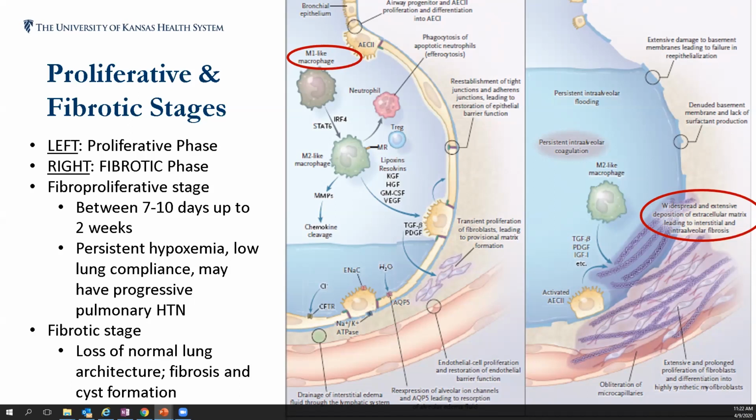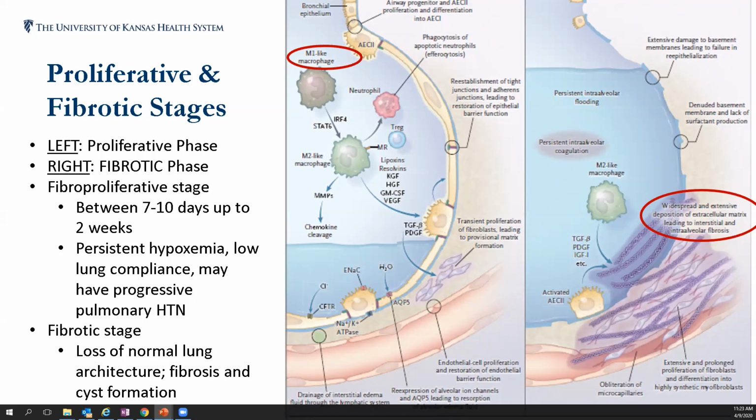The third stage is called the fibrotic stage and is strongly associated with the patient's need for ventilator support. It's characterized by a loss of normal lung architecture and formation of fibrosis and cysts. In this stage, once the epithelial integrity has been somewhat reestablished, there is also reabsorption of edema and potentially restoration of the alveolar architecture and function.